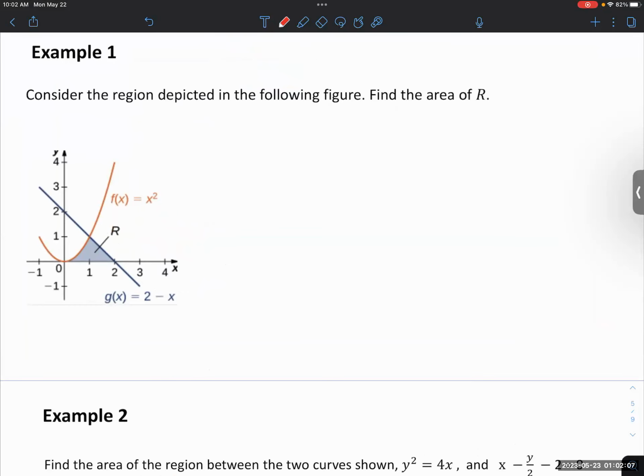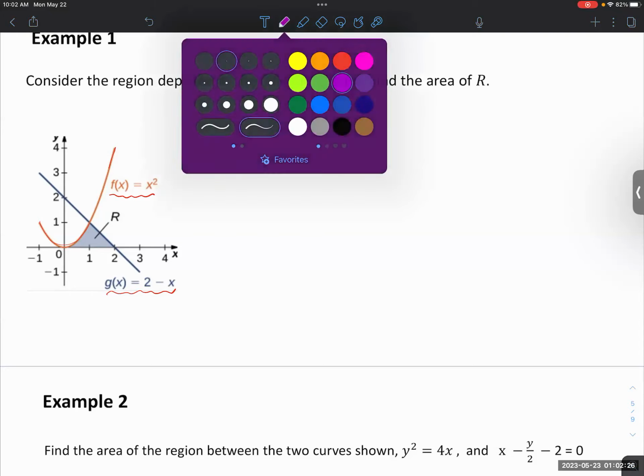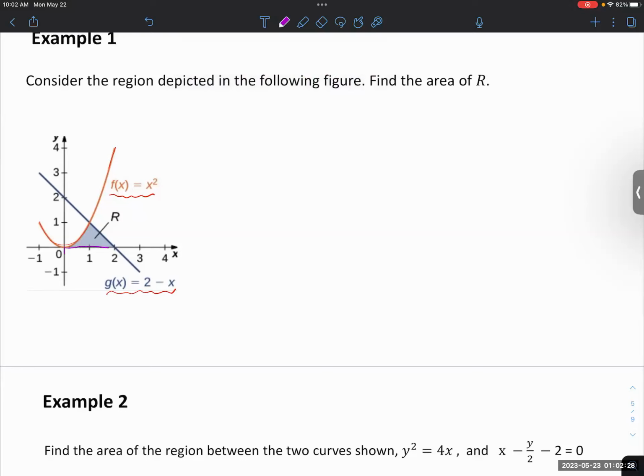Okay, let's take a look at this. They want you to find the area between two functions, y equals x squared, a quadratic, and the other one, y equals 2 minus x, linear. They want to find the area between those two, which is that area. But wait a second, when you try to find the area from here to here, it doesn't make sense because there's no height like this one.